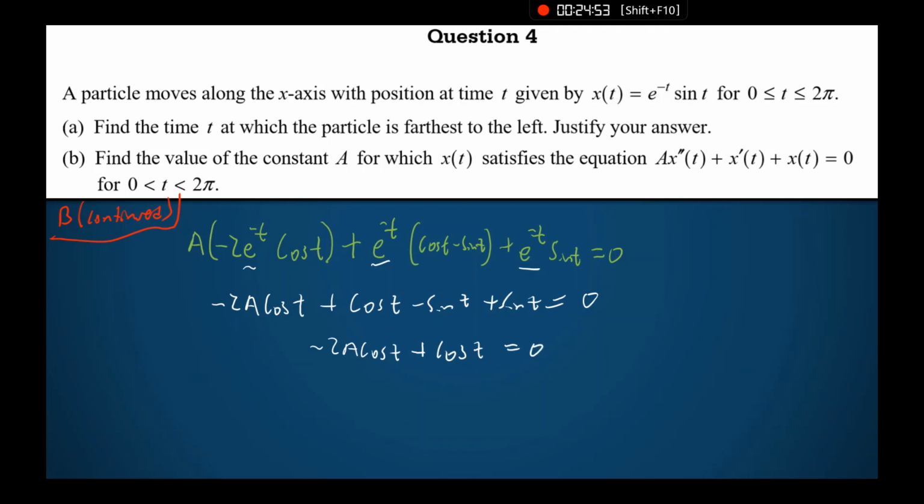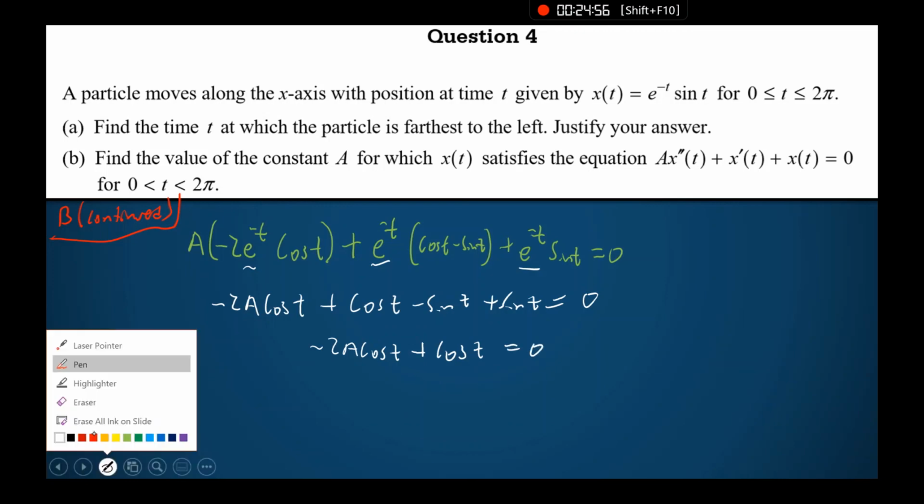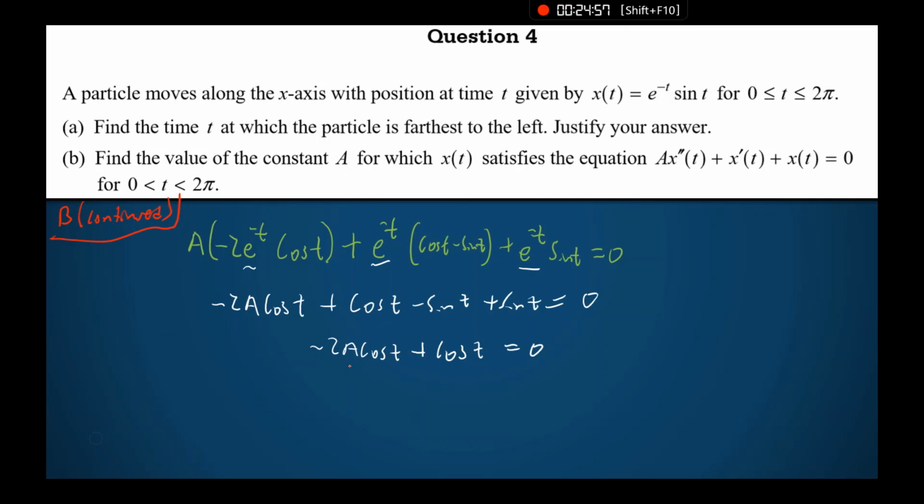I can factor out my cosine t now, so do the same thing that I did for the e's. If I pull this out and divide by cosine t, then I'll be left with negative 2a plus 1 equals 0. Divided everything by cosine t. 0 divided by cosine is 0. Cosine divided by cosine is 1.